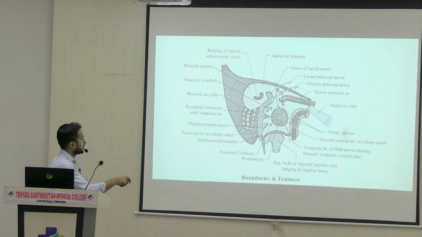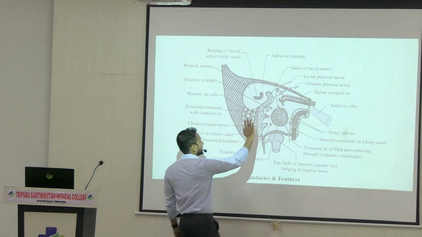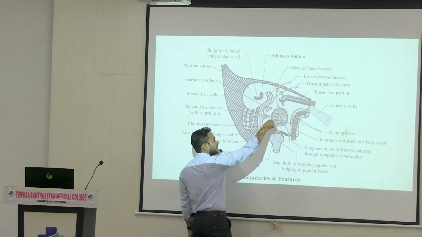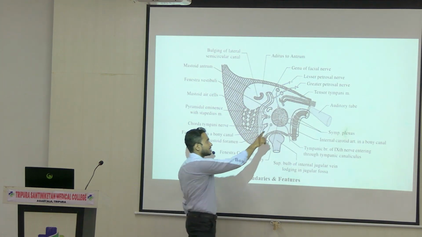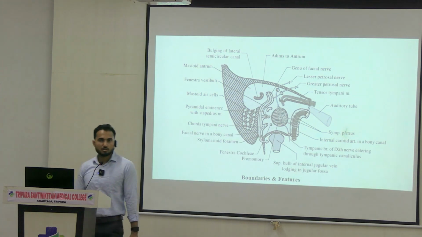This is the anterior wall. This is the posterior wall. And this is the medial wall. The lateral wall is removed from here, it is not shown. How does the lateral wall remain? It remains like this. If the lateral wall is not removed, you can't see the medial wall. So here, what they have done is remove the lateral wall so that you can see the medial wall.